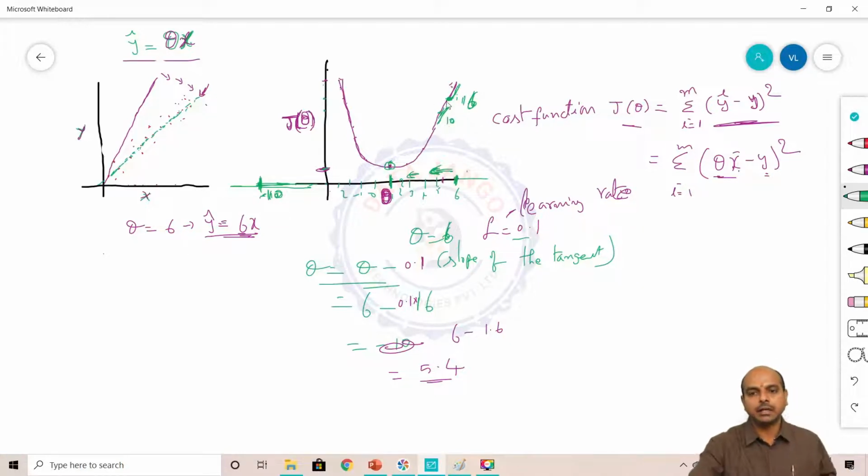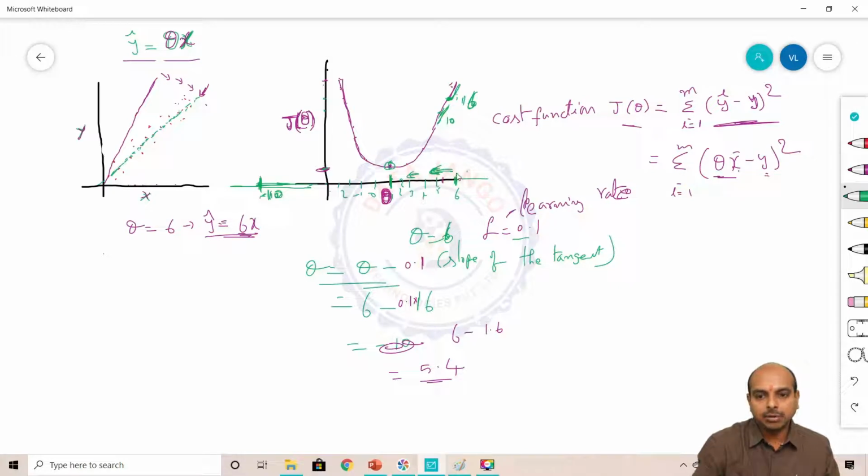The slope will reduce when you have a convex curve like this. The slope here will be very high, here a little lower, here even lower. If you reach the global minimal place, the bottom, the slope is going to be almost 0. You need to remember that.